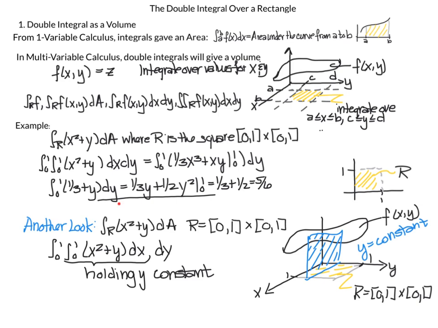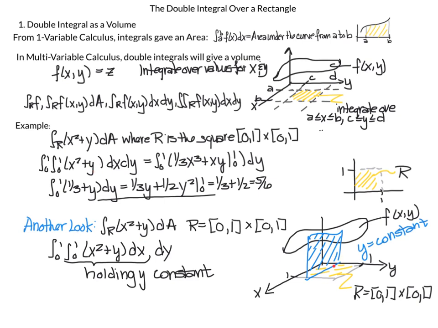Another look at this integral, giving a little more support to the idea that the double integral is a volume, is when we look at the inner integral, when we're only integrating with respect to x, essentially what we're doing is we're holding y constant. Remember I said we're going to treat y as a constant.